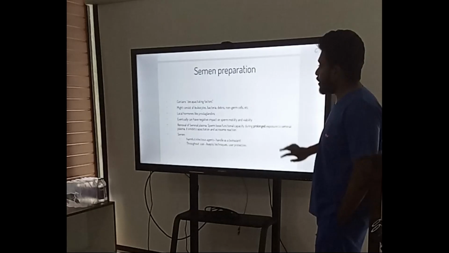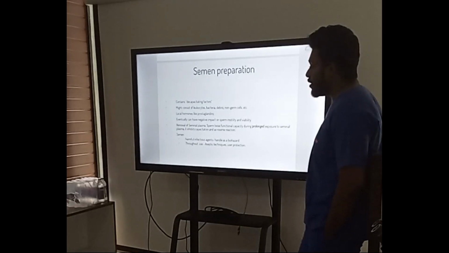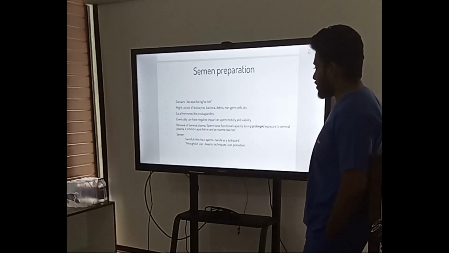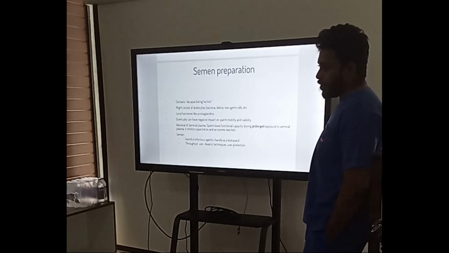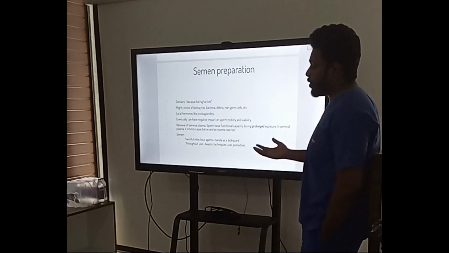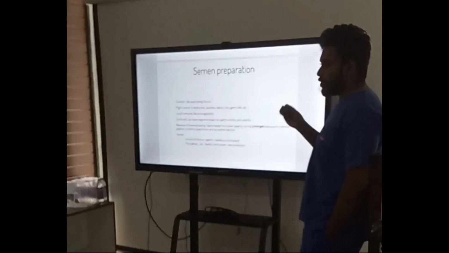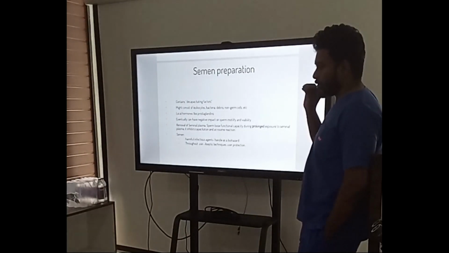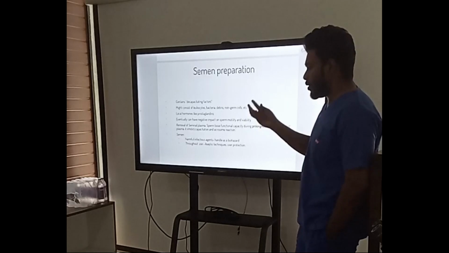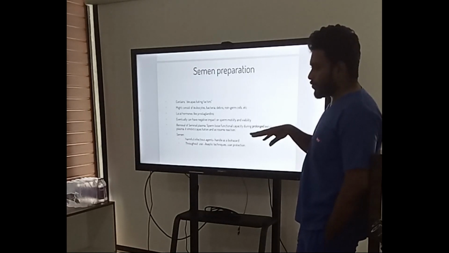So as I have told you why the semen preparation is necessary, because it has a decapacitating factor that will not allow the sperm to mature. So naturally, what happens when the partner ejaculates, deposits the sperm inside, on the spot it actually liquefies.